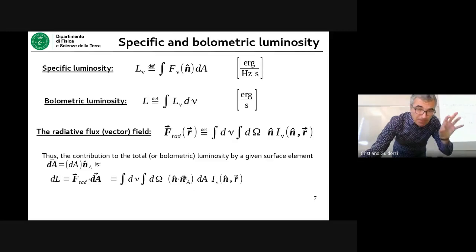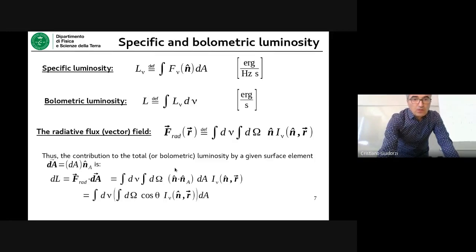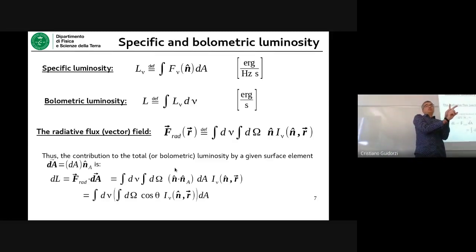I just emphasized that the scalar product is between these two unit vectors, of which this one is fixed and this one is a function of the solid angle. But this is a scalar product between two unit vectors, so it's just the cosine of the angle between the two vectors.